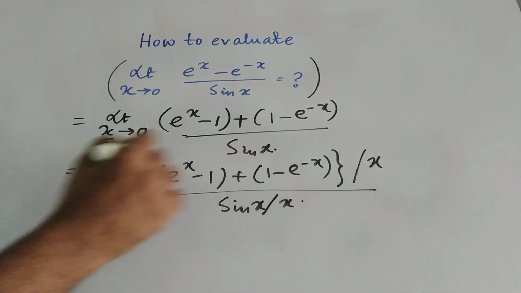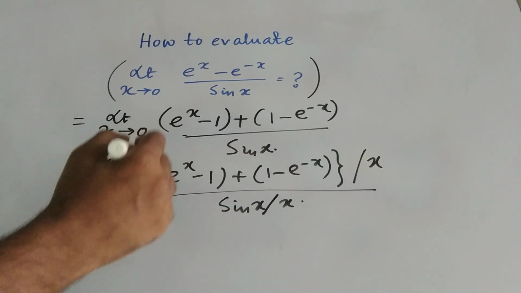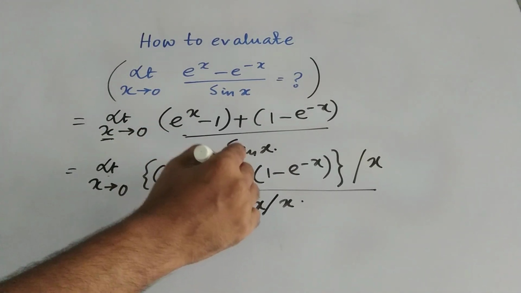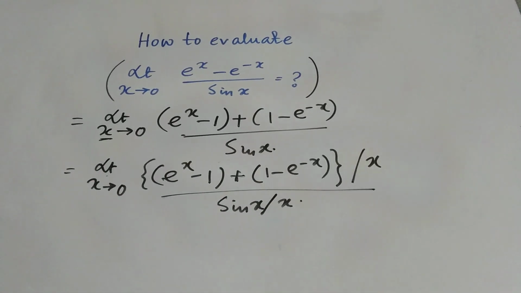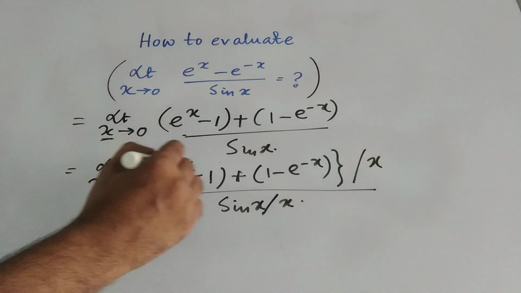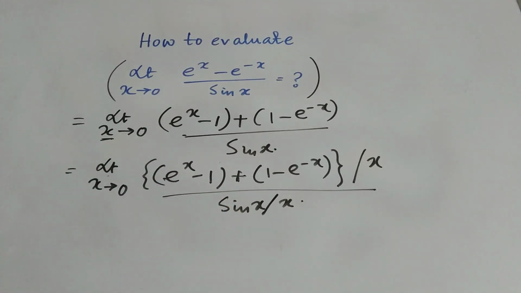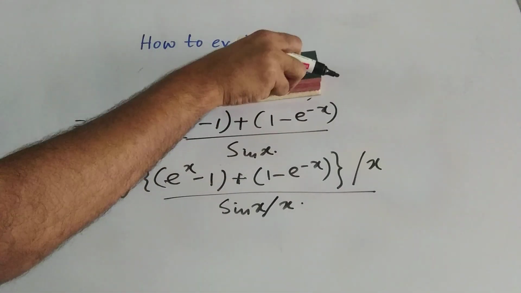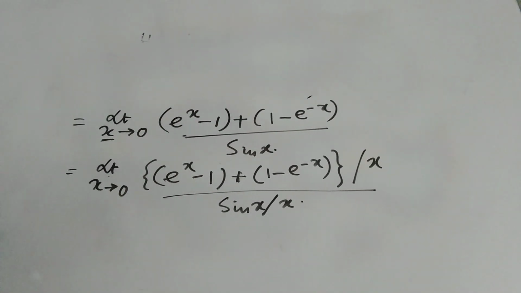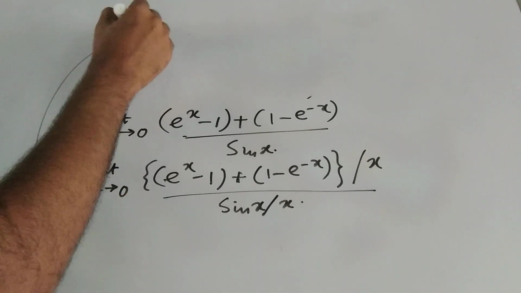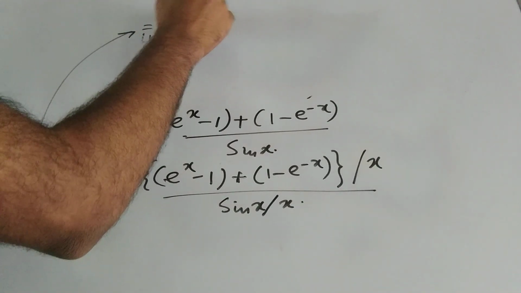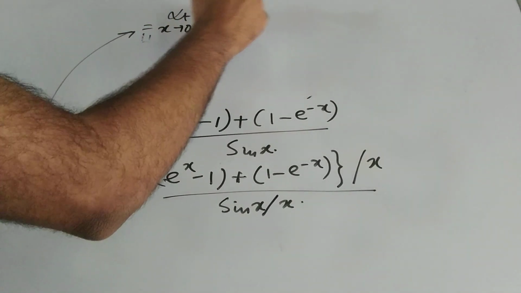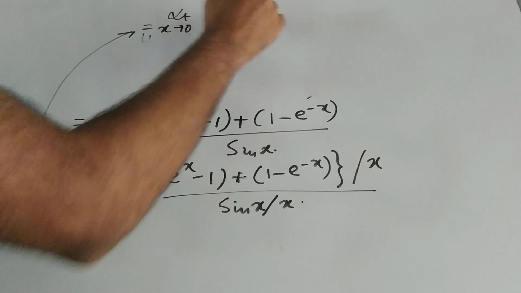Now, there are multiple limit expressions in numerator, denominator, and in addition format as well. We know that if there are multiple limit expressions, we can separate them in numerator portion and denominator portion separately. How? So, if I write this expression, then it becomes, in the numerator, limit x tends to 0, e to the power x minus 1 by x, that I can write.